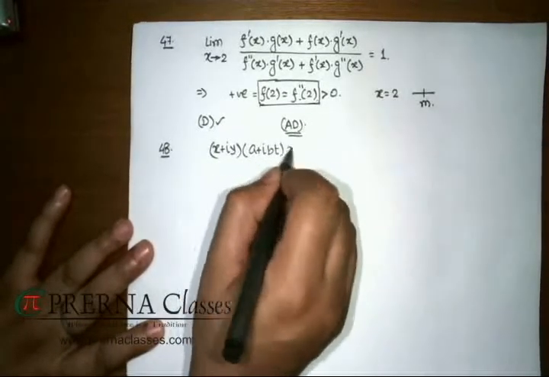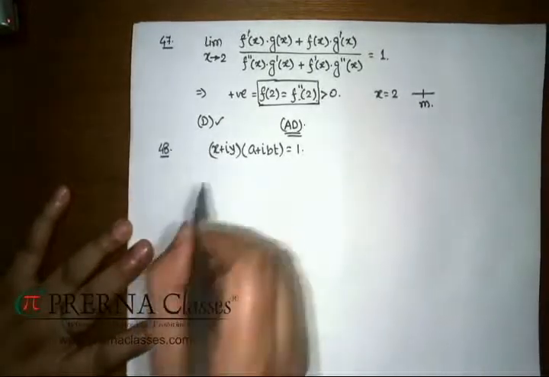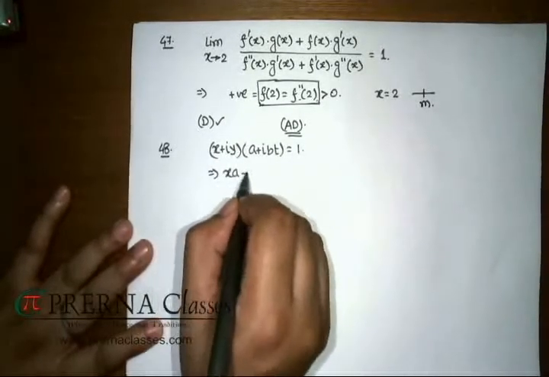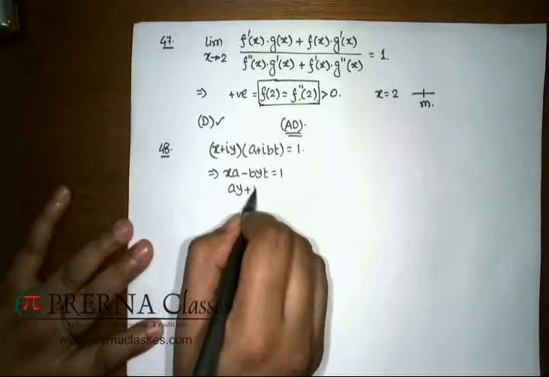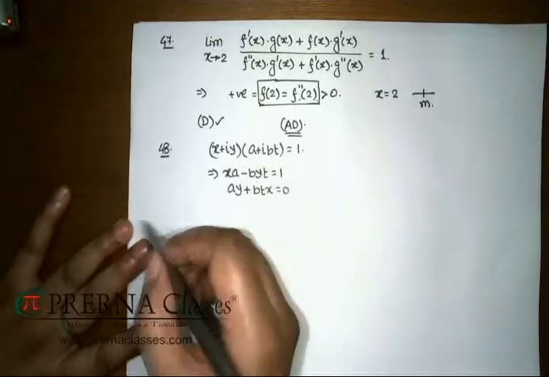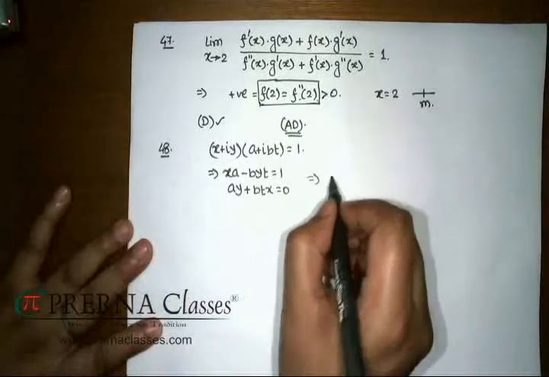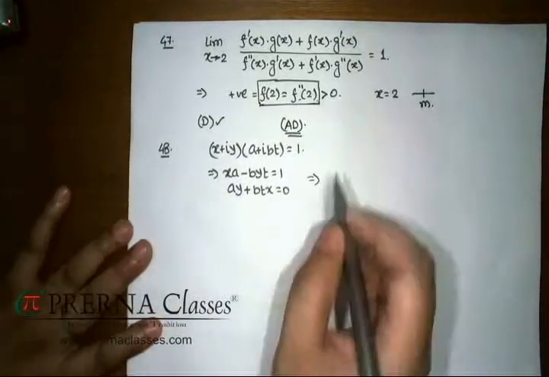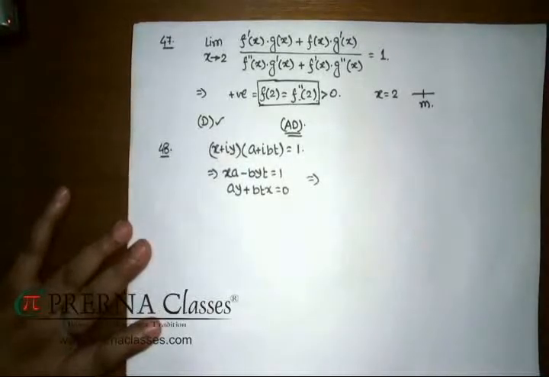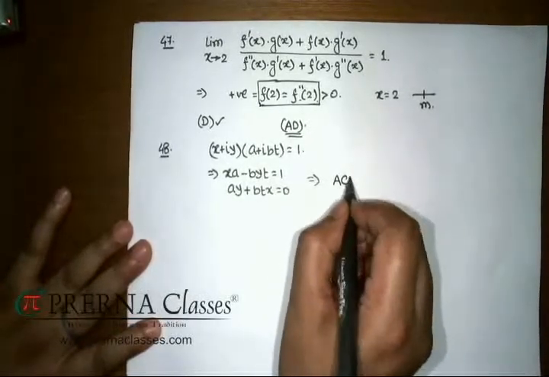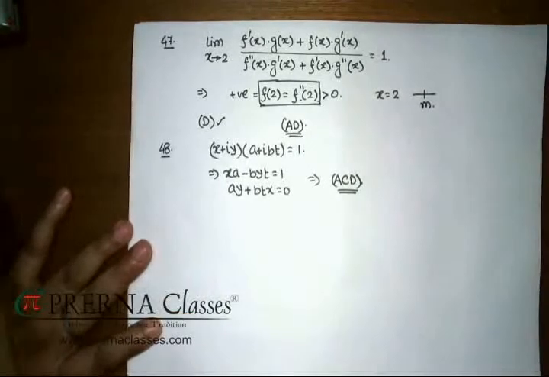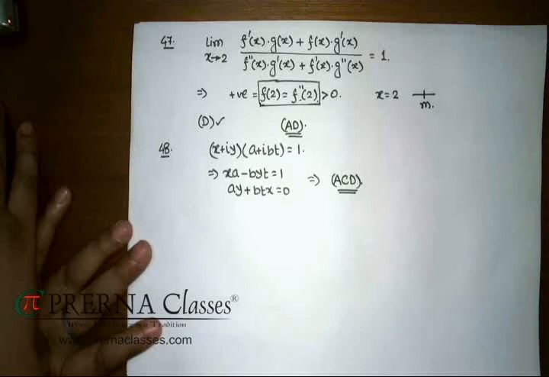If you consider z as x plus iy, since you are looking at its locus, if I take a plus ibt to the side of z, and if you equate real and real part, imaginary and imaginary part, and then if you eliminate t, because t is a parameter, you should end up getting an equation of a circle, depending on certain conditions which are given, maybe a line. So overall you can observe the correct answers are A, C and D for this particular problem.